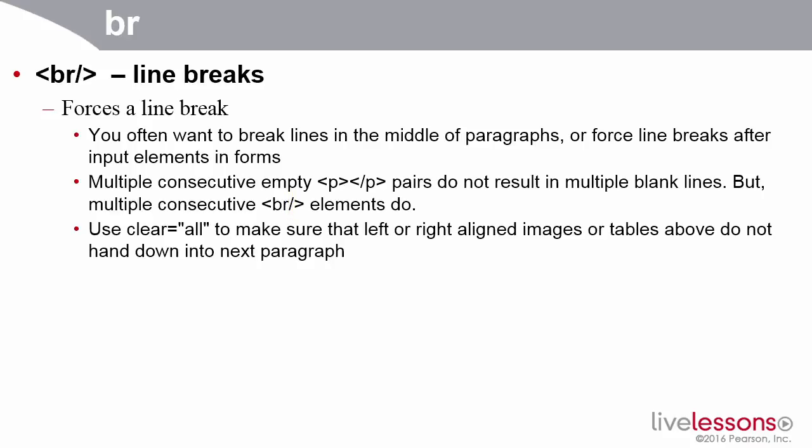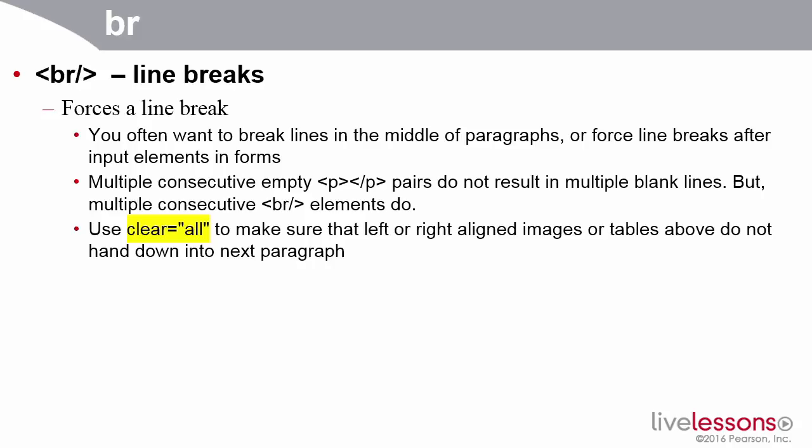The other thing that's worth talking about here that we hadn't really mentioned more than just briefly earlier is there's an option. You can say BR space clear equals all. Normally, BR just puts in a line break. But what if the paragraph above has an image or a table with align equals left or align equals right, which means that the image might possibly hang down into the following paragraph?